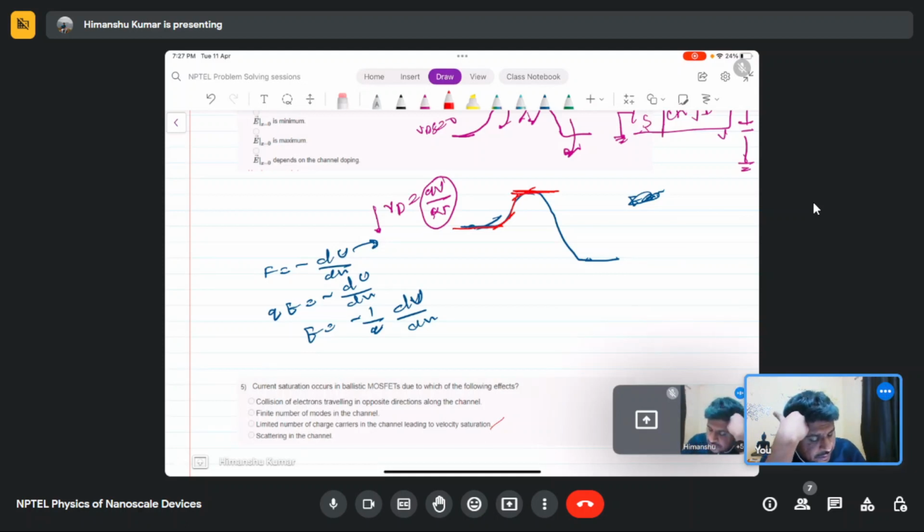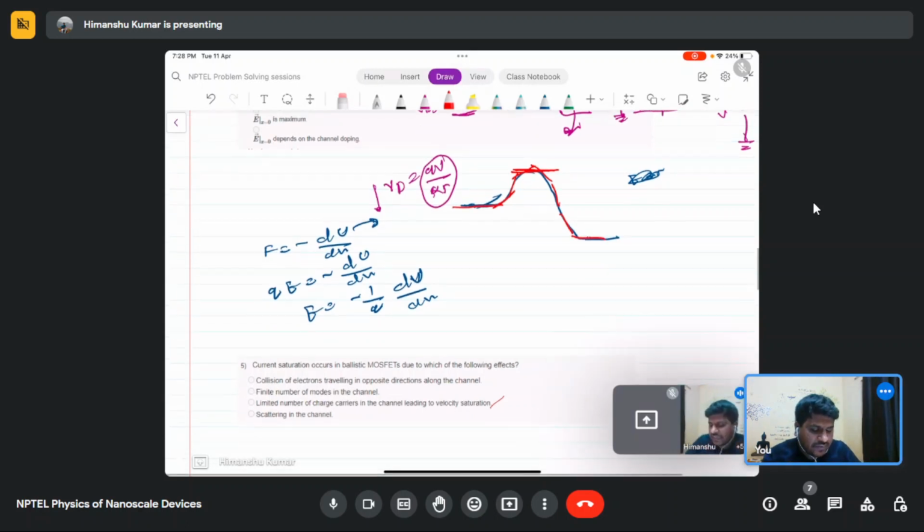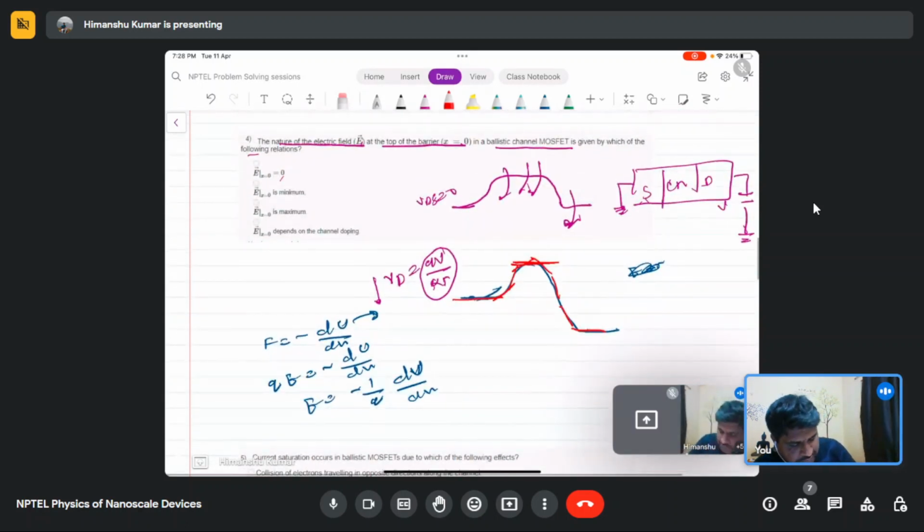At the top of the band, where the local maximum is, this slope is 0. So we can say that at the top of the band, the electric field equals 0. So E of x equals 0 is 0. Okay, is there any doubt in this?